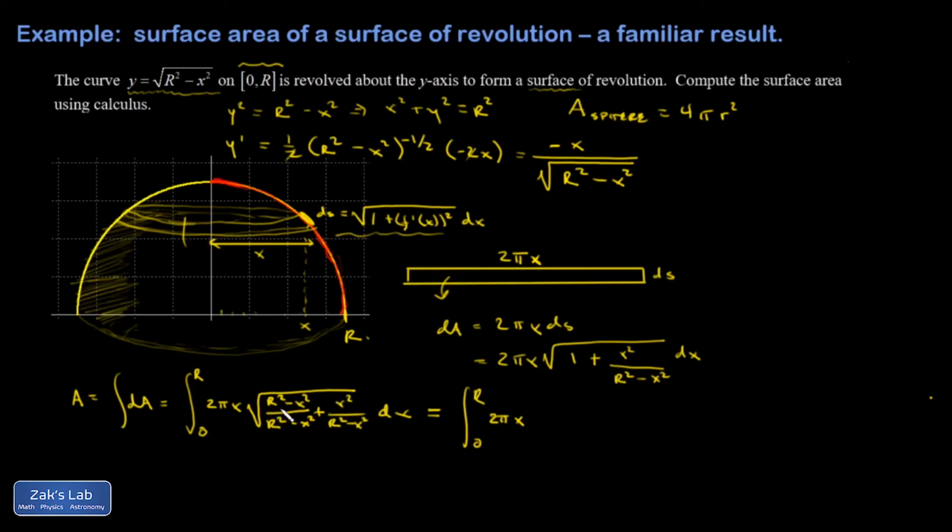Okay, so I have r squared minus x squared plus x squared. All right, the x squareds cancel out, and I have an r squared in the numerator, which if I take it out of the square root becomes an r, so I may as well do that. All right, then I can show this 1 over square root as just this thing, r squared minus x squared to the negative 1/2.